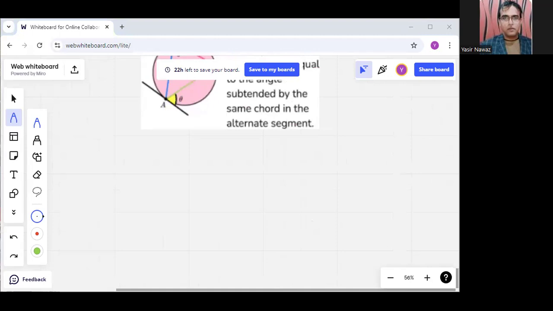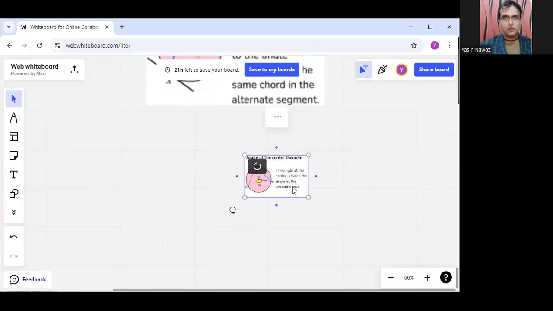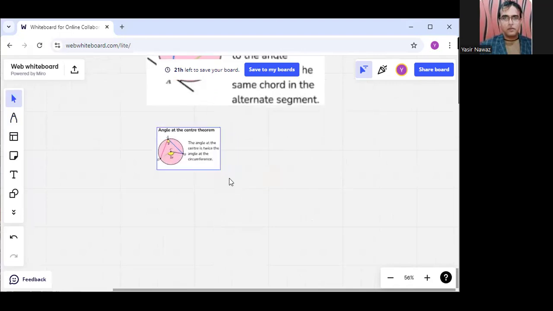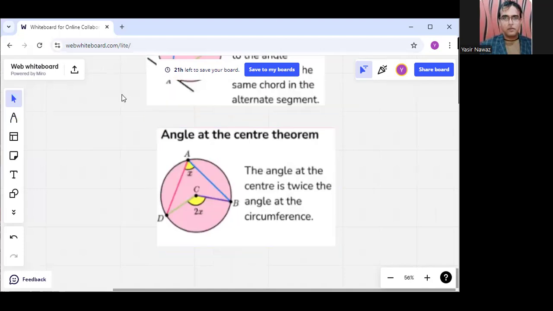This theorem is the angle at the center theorem. It says there is a relationship between two angles. One angle is here, and suppose this angle is 2x.